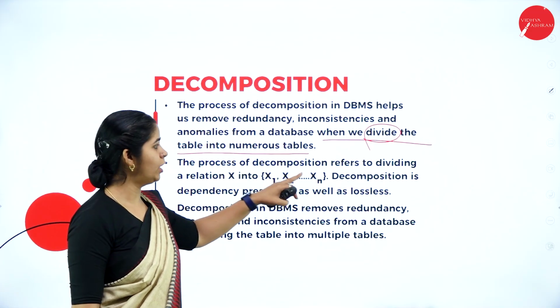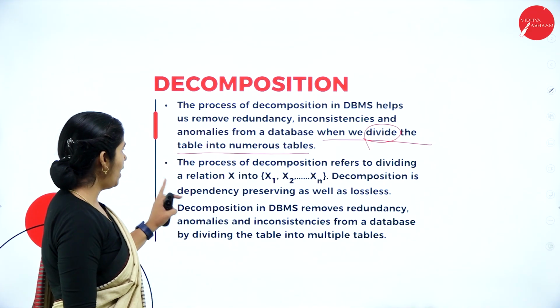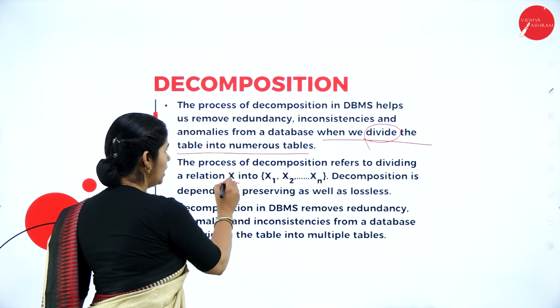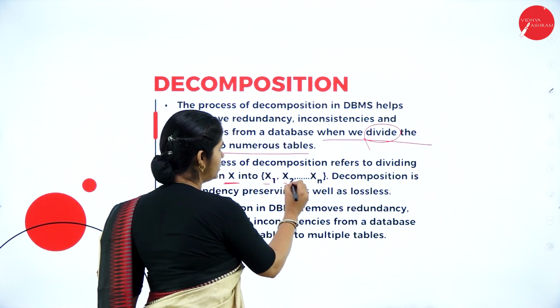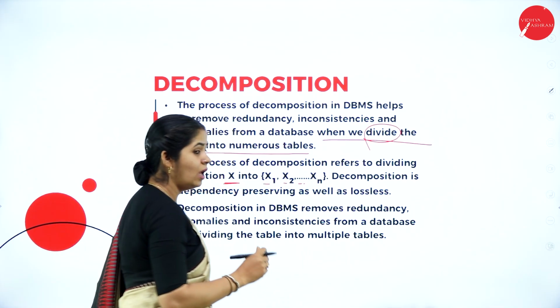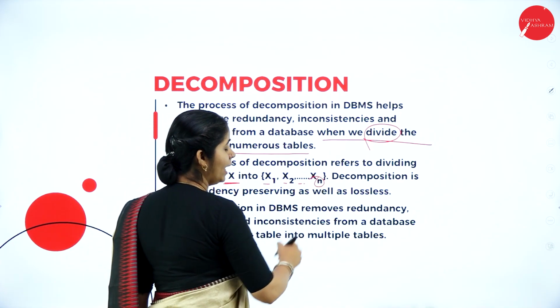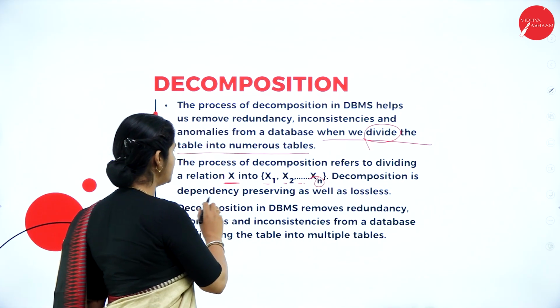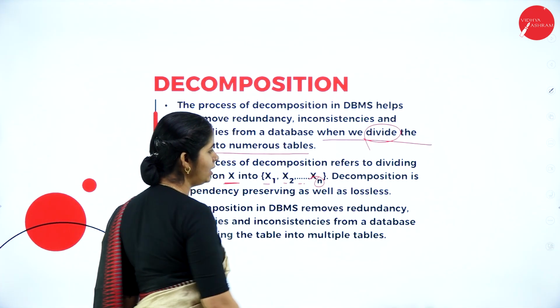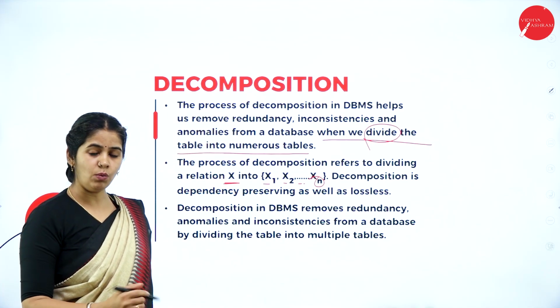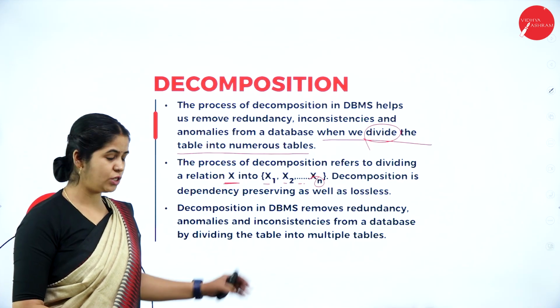The process of decomposition refers to dividing the relation X into X1, X2, and so on up to Xn. How many tables we can make depends on n, and decomposition is dependency preserving as well as lossless. We'll see what dependency preserving is in the next slide.